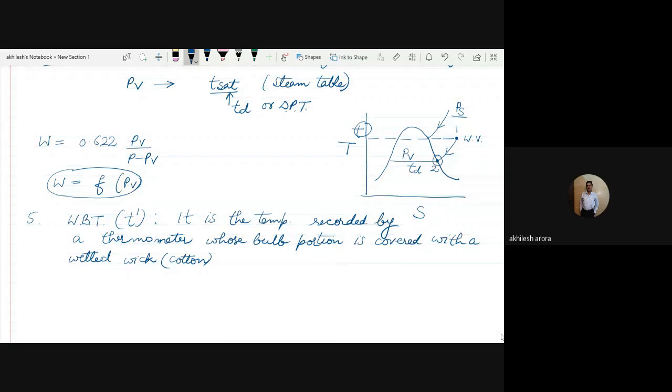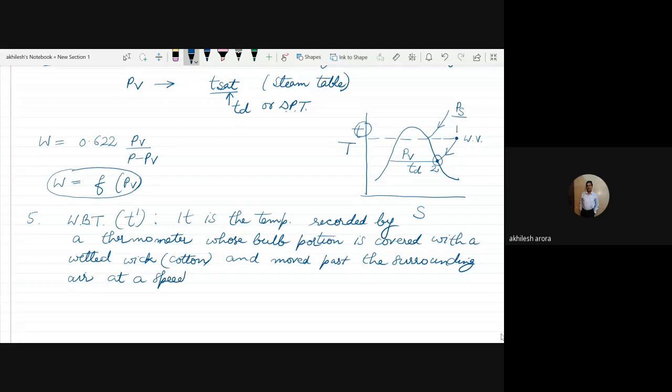Okay, wetted wick, and moved past the surrounding air at a speed of 3 to 5 meter per second.